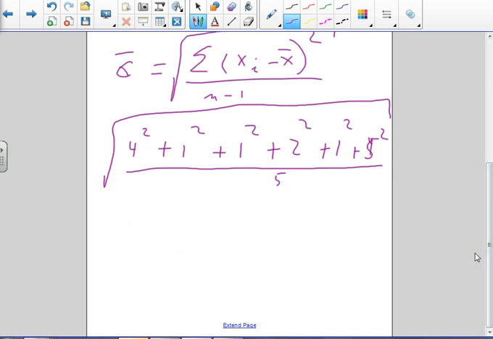I could have put it in my table and had it do it that way too. So 16 plus 1 plus 1 plus 4 plus 1 plus 25, divided by 5, and then the square root of that. 3.1?